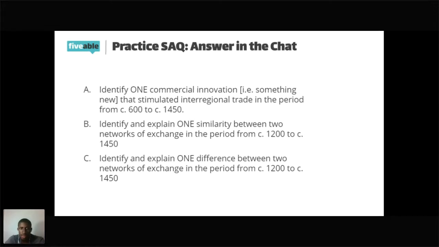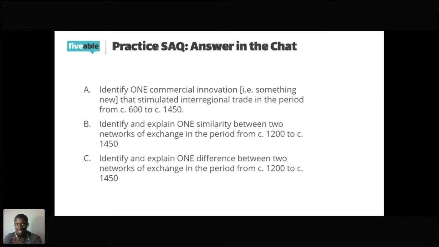B, identify and explain one similarity between two networks of trade in the period from circa 1200 to circa 1450. And C, identify and explain one difference between two networks of exchange in the period from circa 1200 to circa 1450. Okay, you guys could put in the comment section what you think, some ideas, or what are some things you would answer when it comes to this SAQ.